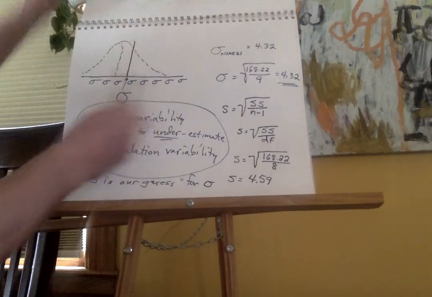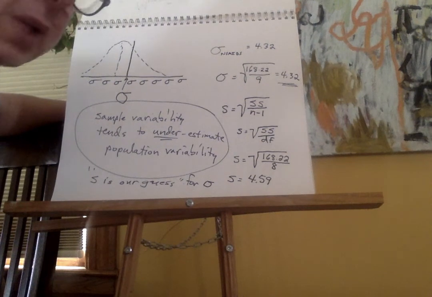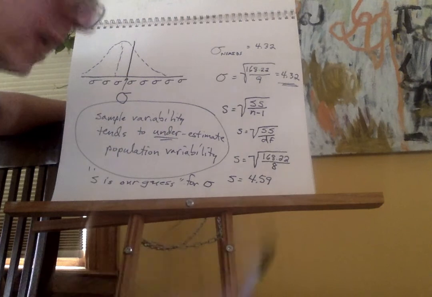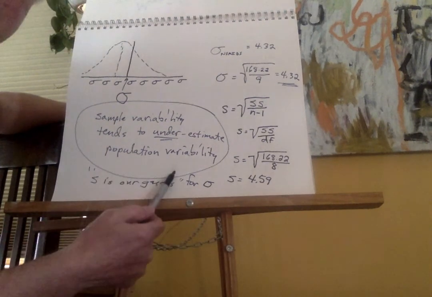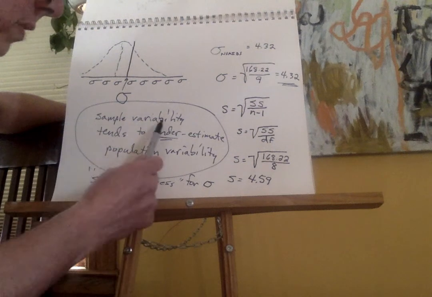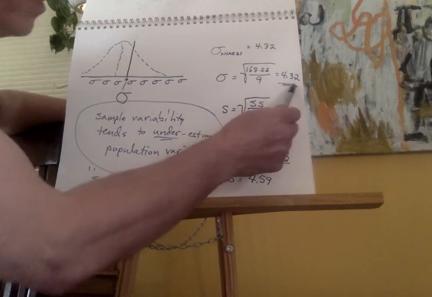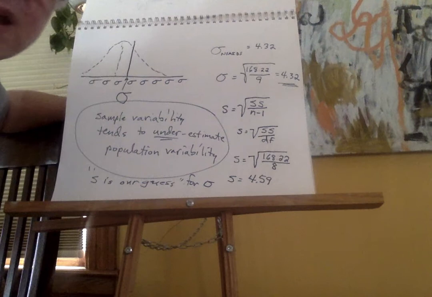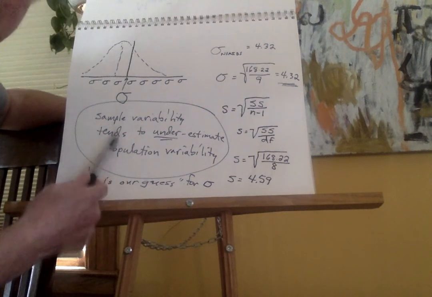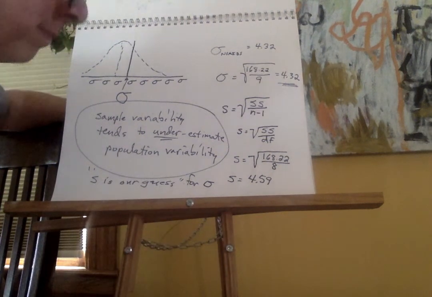When we do our sampling distribution of sample standard deviations, what ends up happening is sample variability tends to underestimate the population variability. Sample variability tends to underestimate, okay? So this value of 4.32 that we calculated from our sample of 9 people, we know that that tends to underestimate the underlying population.